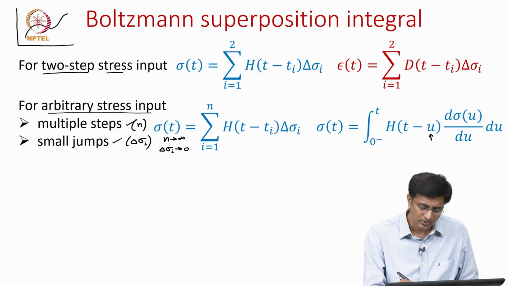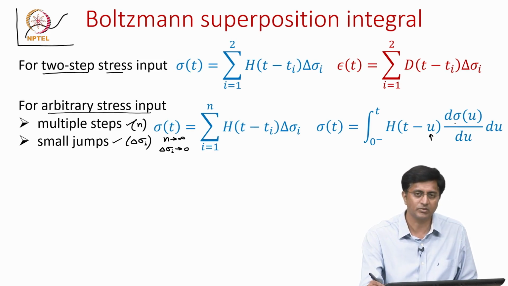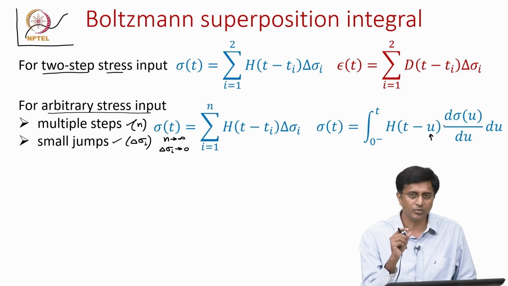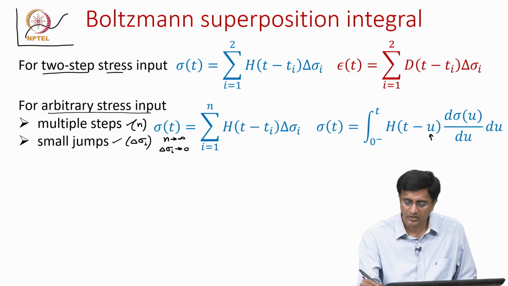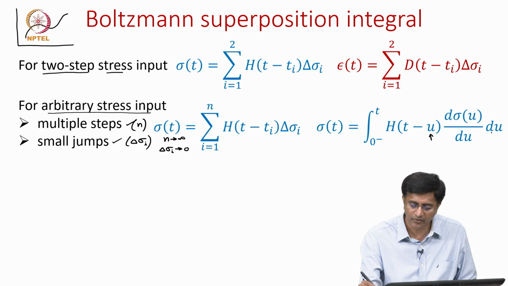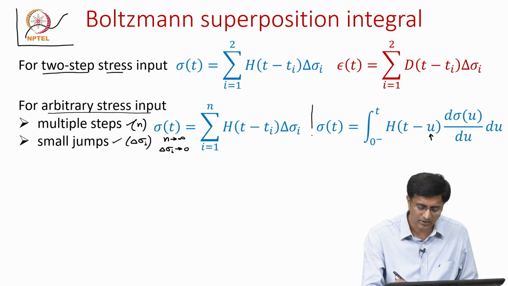And this delta sigma_i we have replaced with d sigma, because now we are talking about a small differential. And lastly, if we multiply and divide by this du, then it takes this integral form.